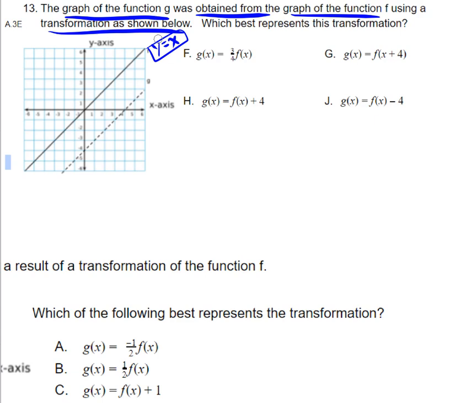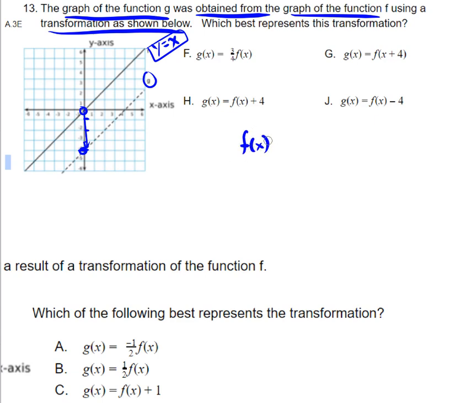Now, what did they do to that to get g? Because g is the one on the bottom here. So it looks like to me, like they went down 1, 2, 3, 4. So it looks like they went down 4. So what they did was they actually changed the y-intercept and made it down 4. And the way you accomplish that is you take your f of x, right?